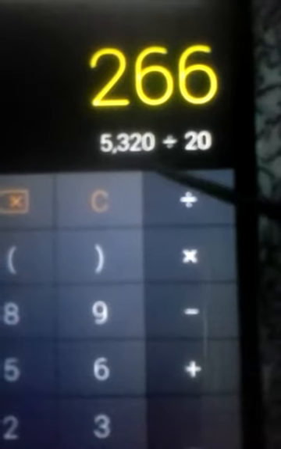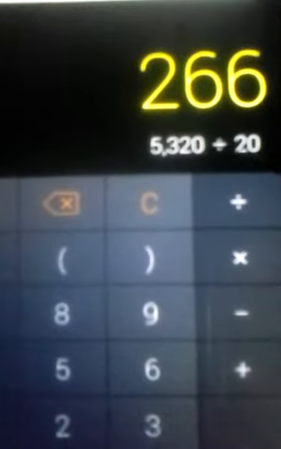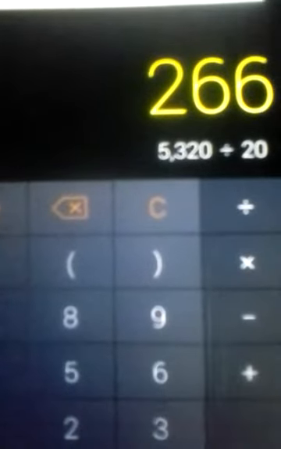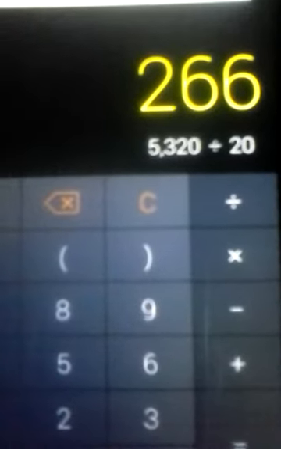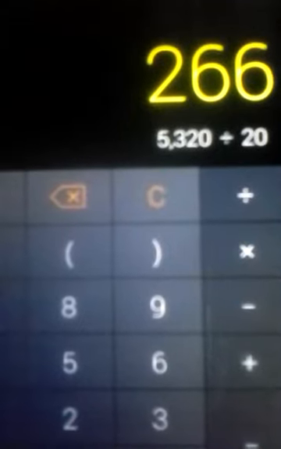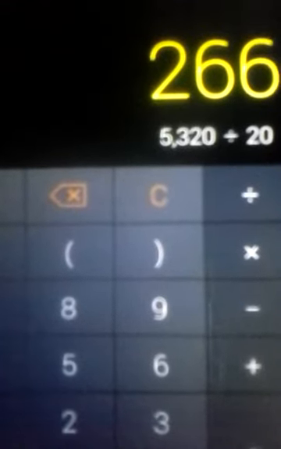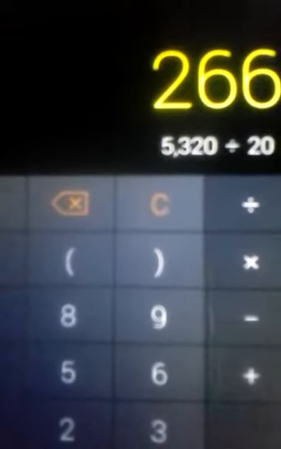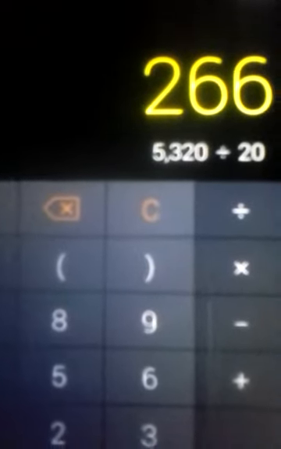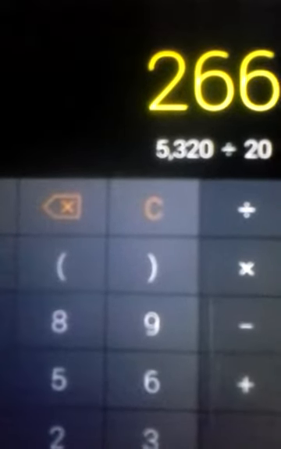Taking the answer 5,320 and dividing it by the year 2015, you can make out 266, which is no other than September 23rd.